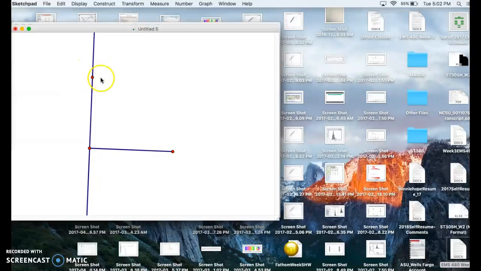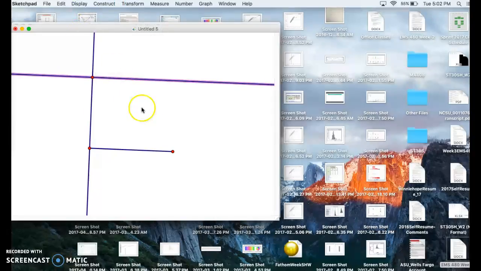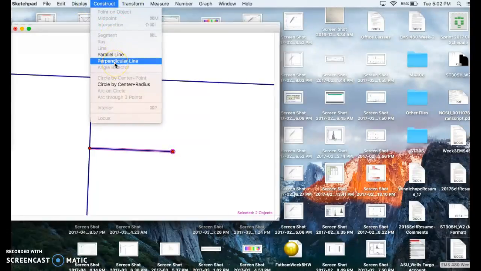In order to get a perpendicular that goes across here, we'll click on these two, the side length and the point, and then we'll construct a perpendicular again. We'll need to do the same thing in the bottom here. So bring the cursor back up here, click on the segment, click on the point, and then construct perpendicular line.